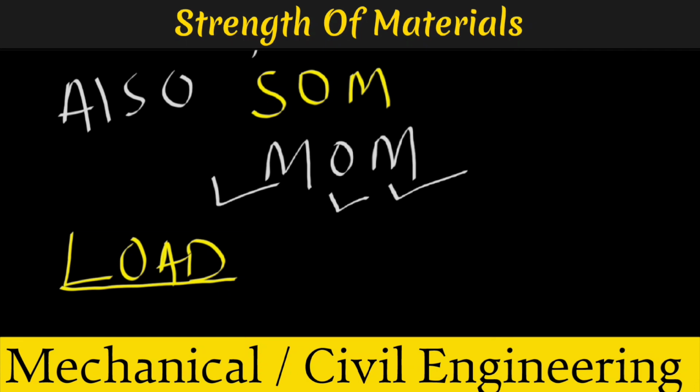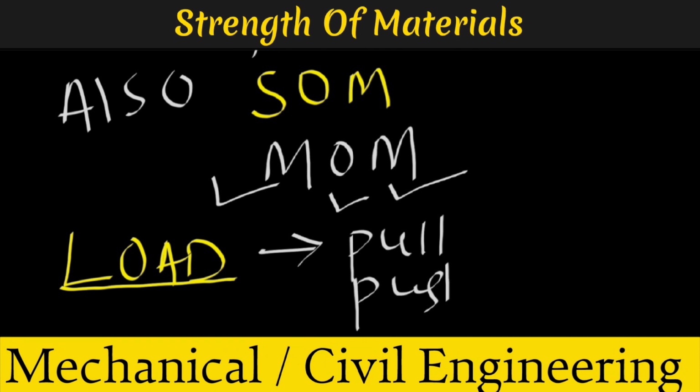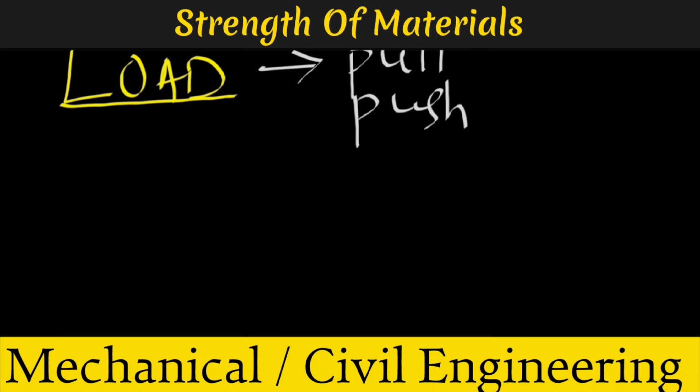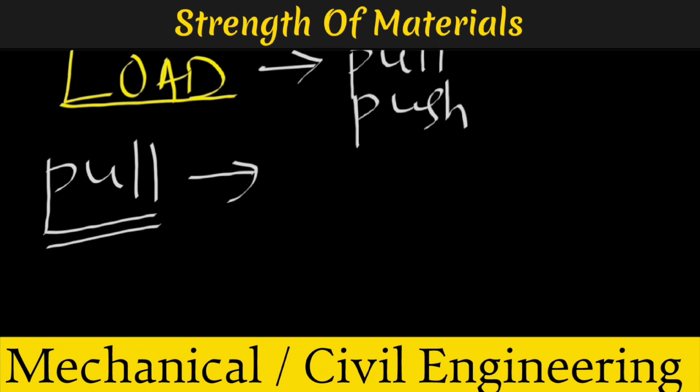Now about loads, the important loads are the pull load and the push load. So what is the pull load? You can see in this diagram, this is a body.